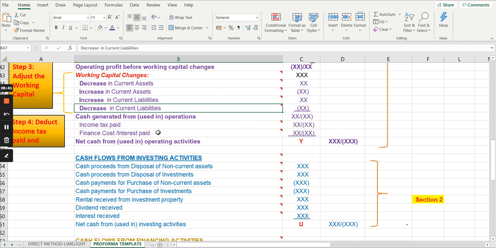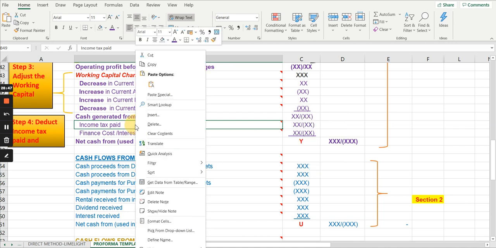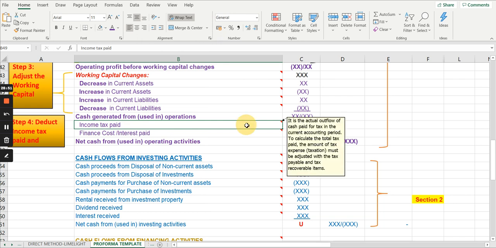After that, you will have to adjust for the tax that you actually paid. When we adjust tax paid, we are trying to look at how much is the actual cash outflow that we have paid to the Inland Revenue Board for the tax in the current accounting period.